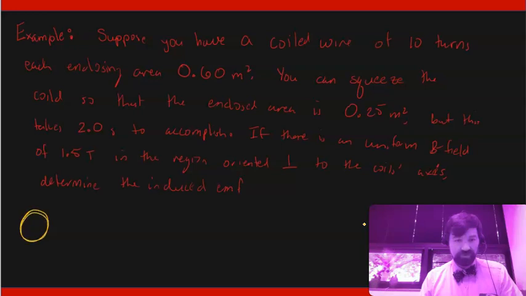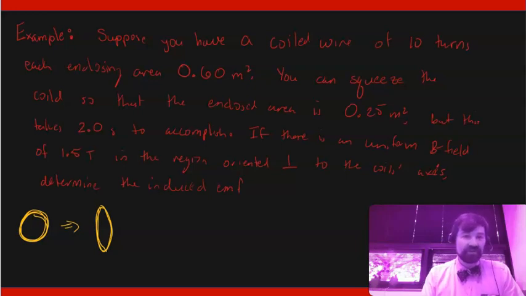Basically, we have some wire that's like this, and we are changing it to be more like this, so that it's smaller enclosed area. Our magnetic field in this case is basically just like this in the region of interest. So this would be perpendicular to the plane containing the wire, or it's oriented basically along the coil's axis.